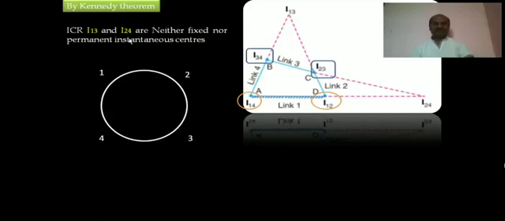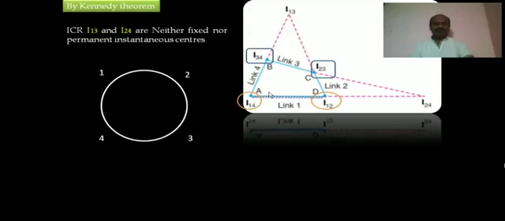Write down all the numbers, or divide this circle into a number of parts equal to the number of links in the mechanism. As there are 4 links, I have written 4 numbers, that is 1, 2, 3 and 4.